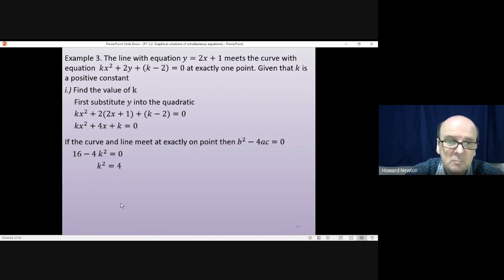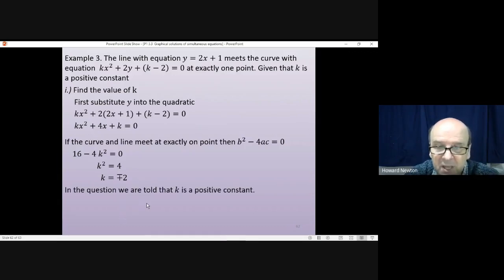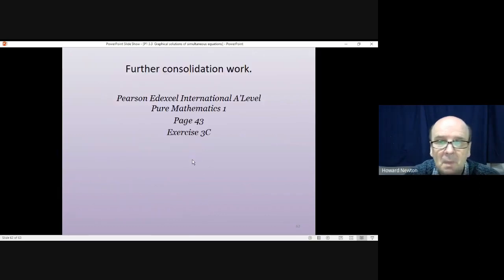Solving that, well, we get k squared equals 4, which means that k has to equal plus or minus 2. The question tells us that k is a positive constant. That means it can't be the negative value. So at that point, you'd say, because we're told that k is a positive constant, the answer must be k is equal to plus 2. That's the question done. Didn't have to do any sketching on that one.